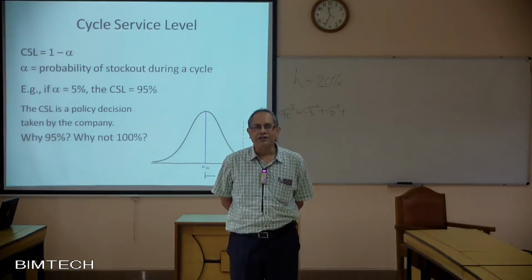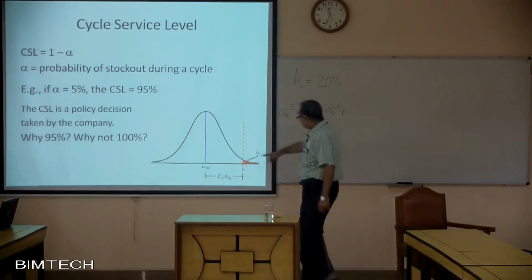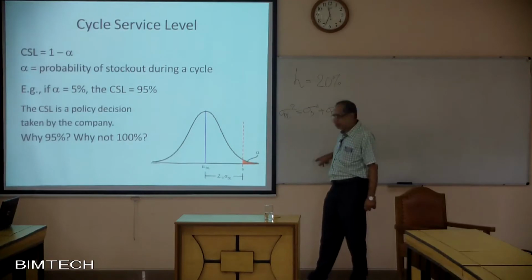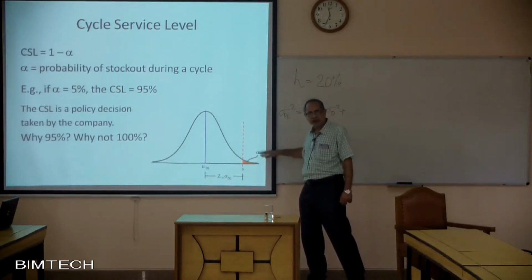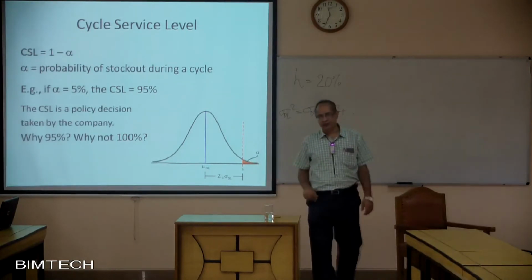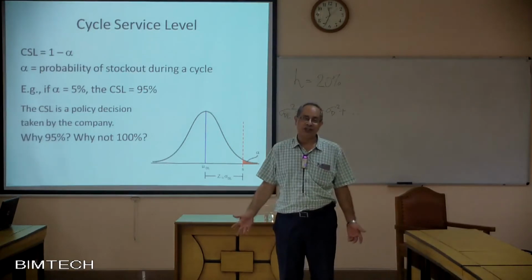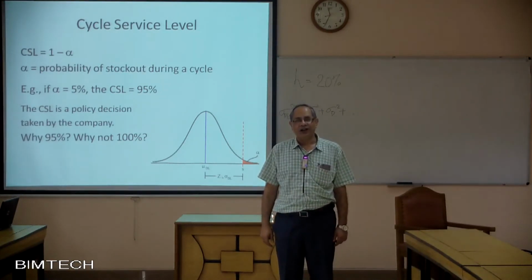And we have already discussed that the normal distribution curve is asymptotic. It never meets the horizontal axis, and therefore you can never have 100% CSL. So you'll have to decide how much CSL you want.